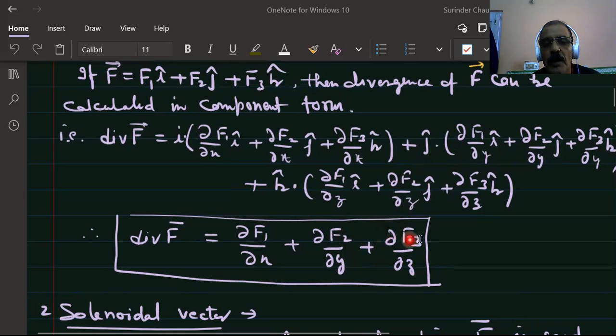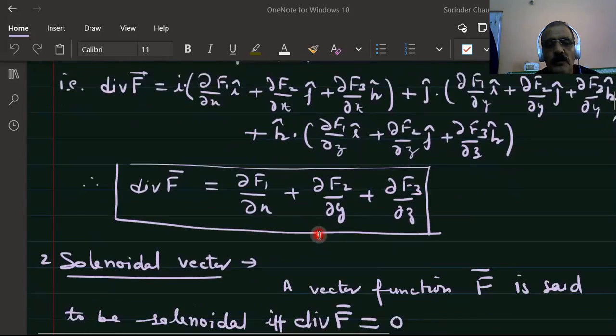From the third component we get partial f3 with respect to z. From this we can conclude that if you find the divergence of a vector point function, the resultant will be a scalar point function.